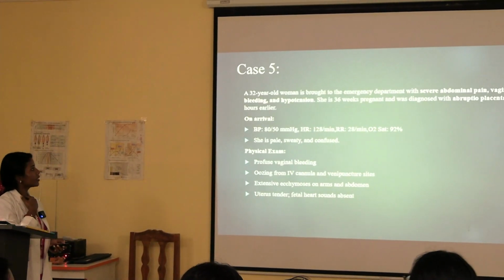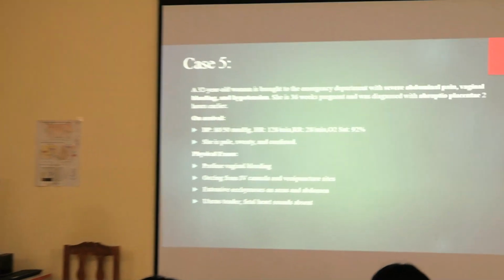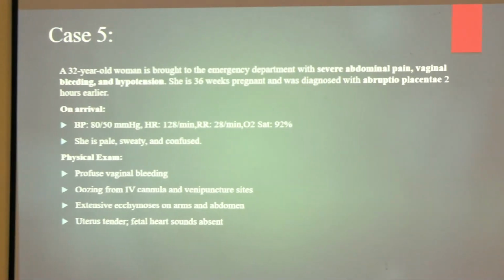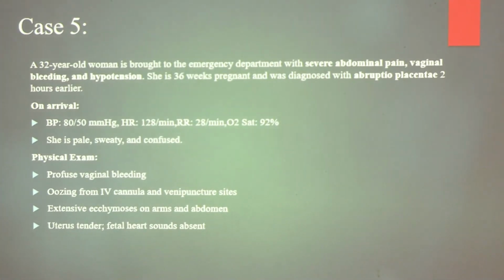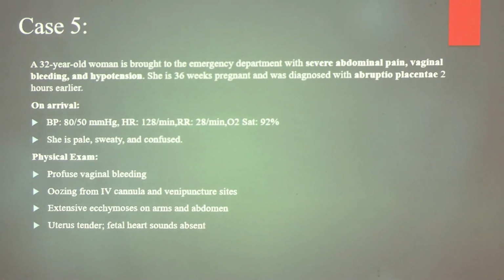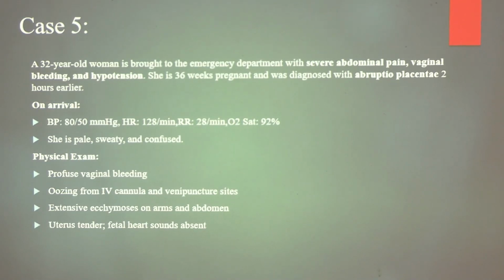Okay, so this is another case. Can you read it out? A 32-year-old woman is brought to the emergency department with severe abdominal pain, vaginal bleeding, and hypotension. She is 36 weeks pregnant and was diagnosed with abruptio placentae 2 hours earlier.